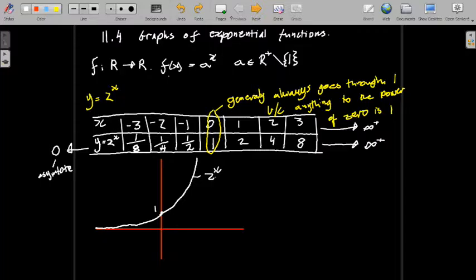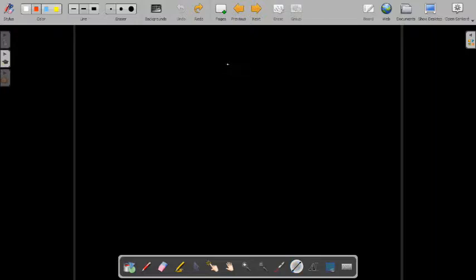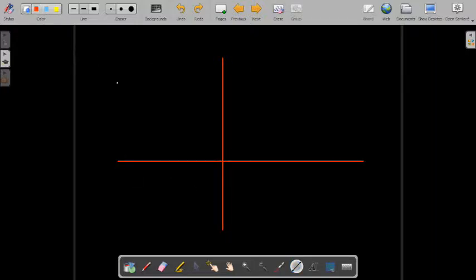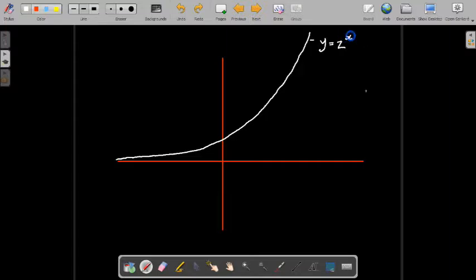Just as a quick little note, just redraw our axes. So this is y equals 2 to the x. Now I asked the question before, what happens if we had y equals 2 to the x plus 3, I think I said.